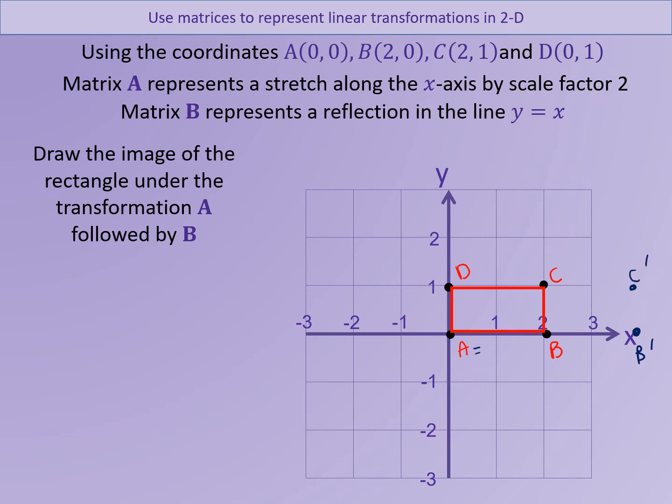A will remain the same and D will remain the same. Then if we use the second transformation, matrix B represents a reflection in the line y equals x. So let's just draw that on now. So the line y equals x is here. Just extend this a little bit further below as well.